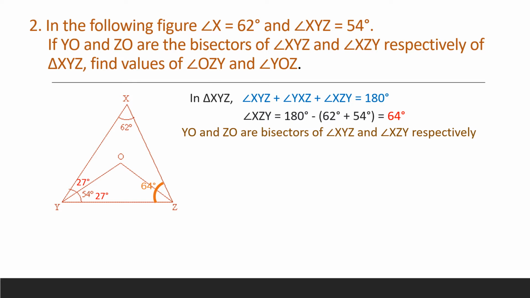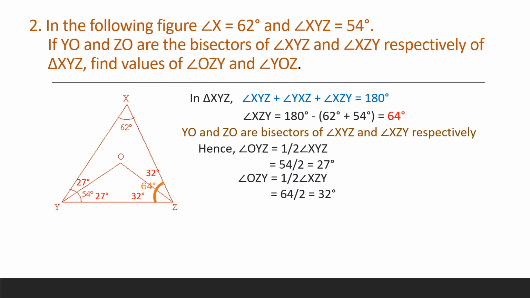And 64 divided by 2 is 32. So 32. So we know the two angles. Now let's write this. Angle OYZ is equal to half of angle XYZ, that is 27. You know how we got 27. And the other angle is 32 degrees, half of 64.